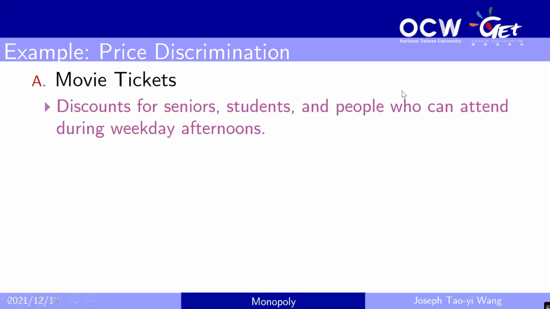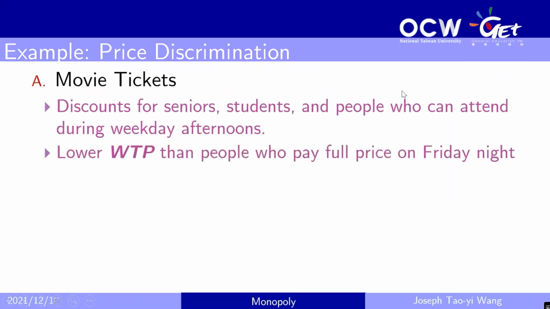Going back to the movie story, you have discounts for students, for senior people, or say weekday afternoons, because these people would have a lower willingness to pay compared to people who are willing to pay the full price on, say, Friday evening.